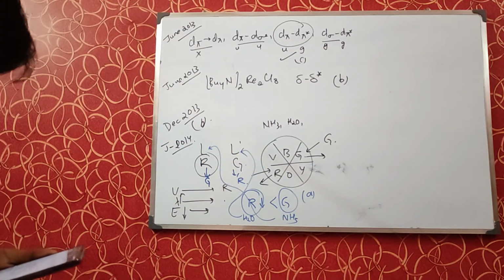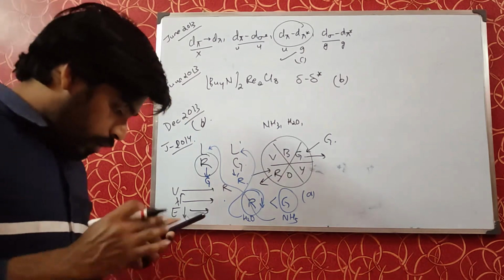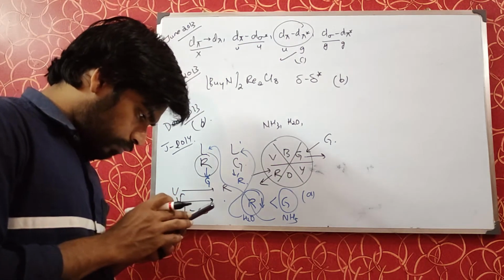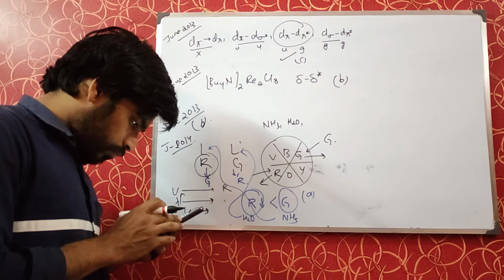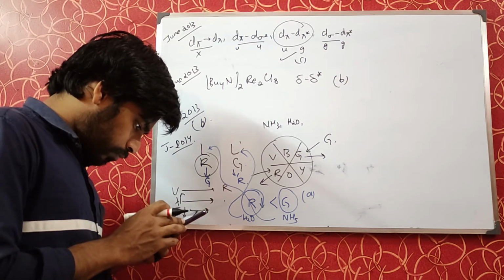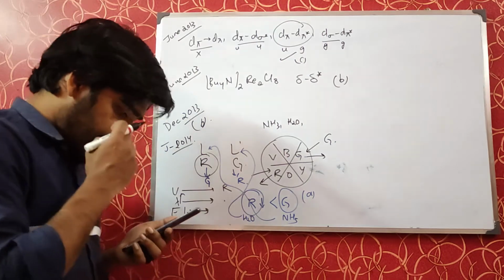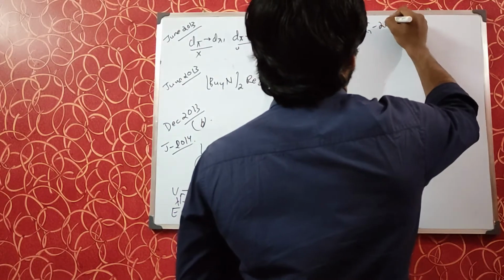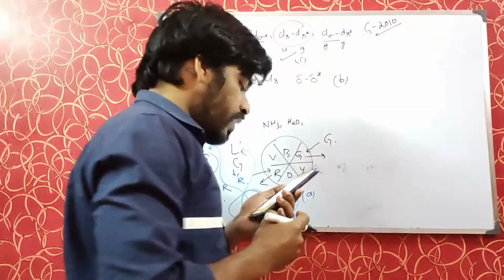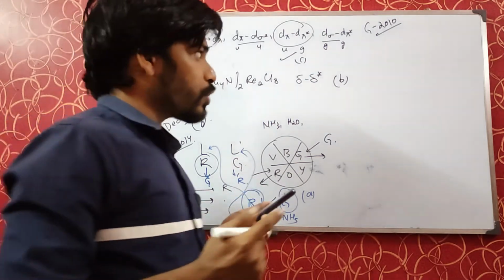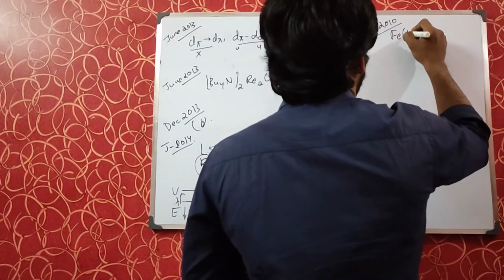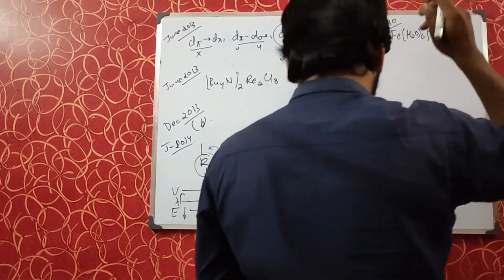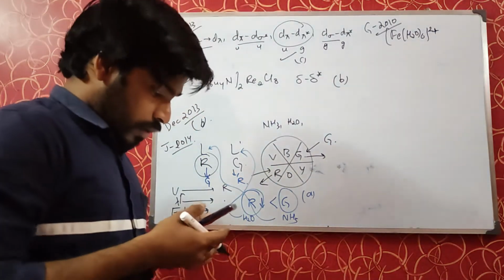The next question we have is from GATE 2010, and the question says the d-d absorption band of Fe(H2O)6 2+ is split.